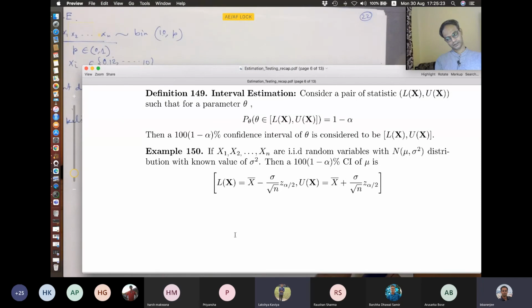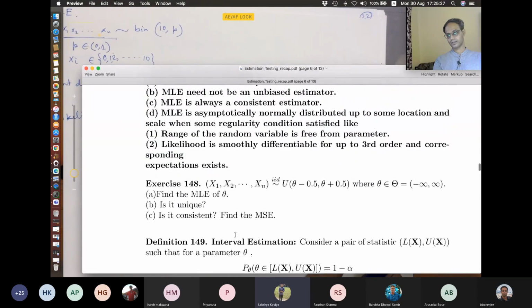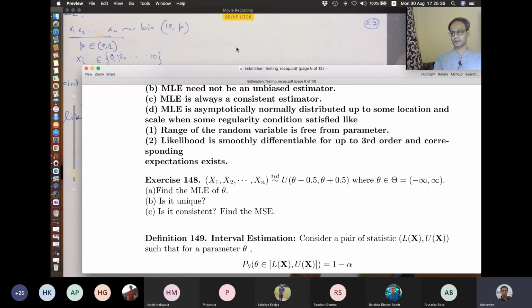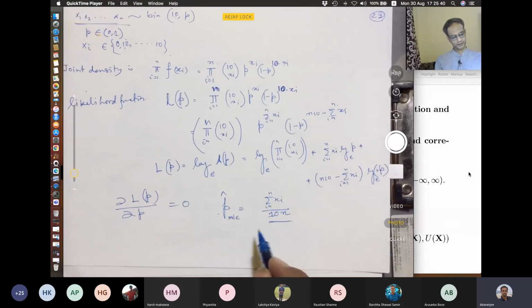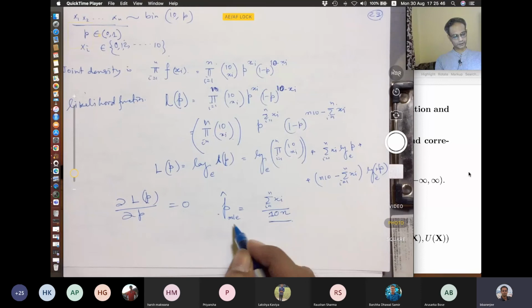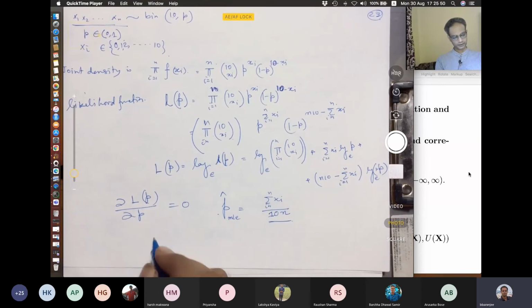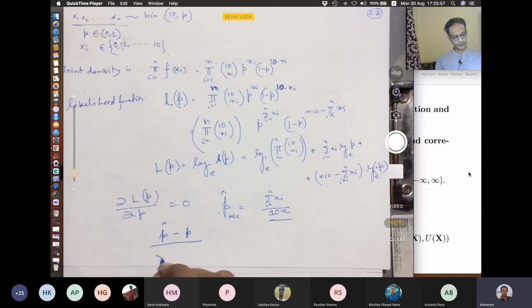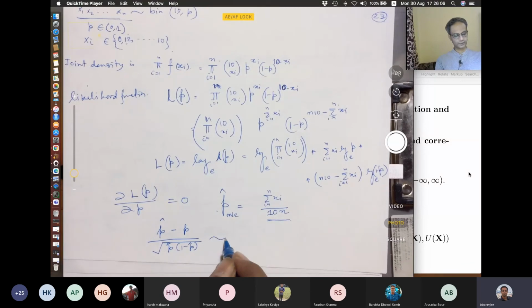Sir, can you please explain the fourth property of the MLE, the asymptotically normal distribution? Asymptotically normal distribution means that if you do some adjustment, say for example, here this is your p hat. If you study the distribution of p hat, then p hat minus the true value of p, divided by the square root of p hat into 1 minus p hat, will asymptotically follow normal 0, 1.